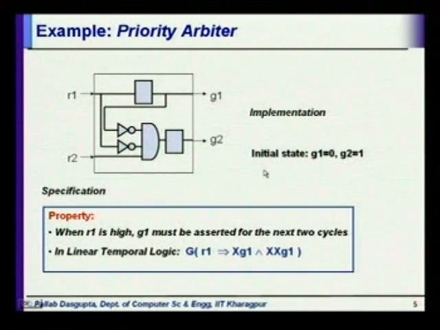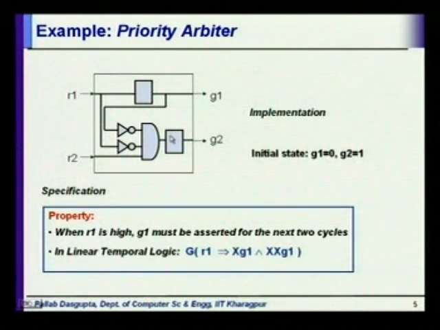So, this is our familiar example. This is a priority arbiter which arbitrates between two requests R1 and R2. So, it has two grants G1 and G2, and this is the implementation of that arbiter. The initial state of the arbiter is G1 is low and G2 is high. Okay.